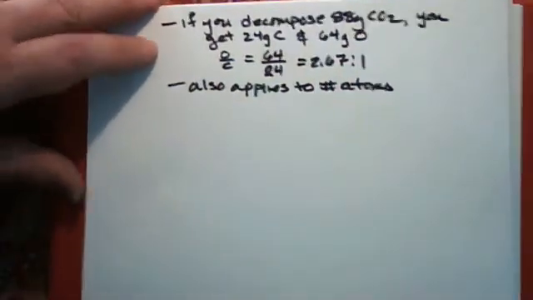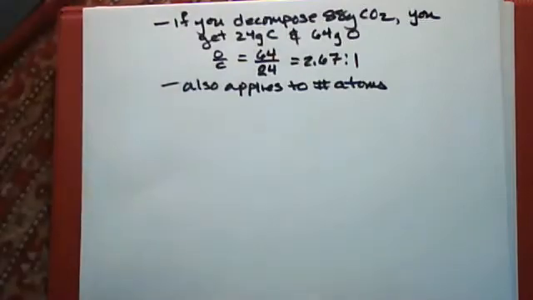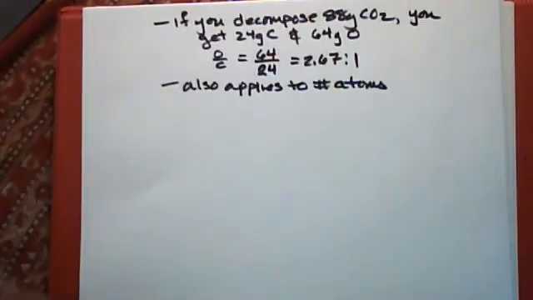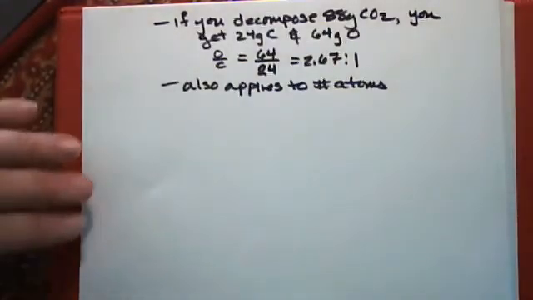And of course, this also applies to the number of atoms. As we can see in the chemical formula, carbon dioxide is made up of 1 carbon and 2 oxygens. So in terms of numbers of atoms, you're always going to get twice as many oxygens as you have of carbons, no matter how many actual molecules of carbon dioxide you decompose.